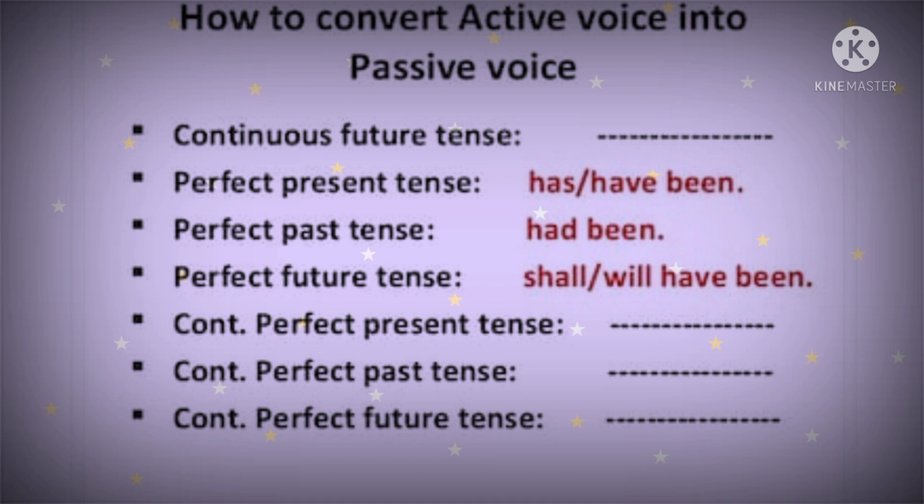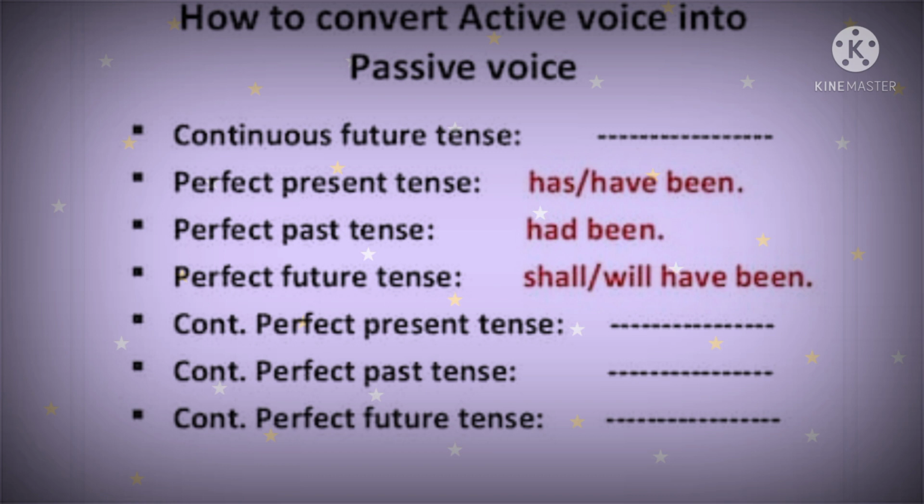Some tenses do not have passive voice; we cannot convert some tenses into passive voice. For example, future continuous does not have its passive voice. Present perfect tense has or have plus been added along with verb 3.